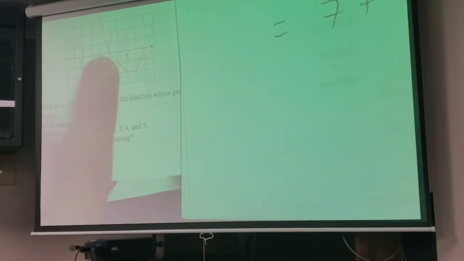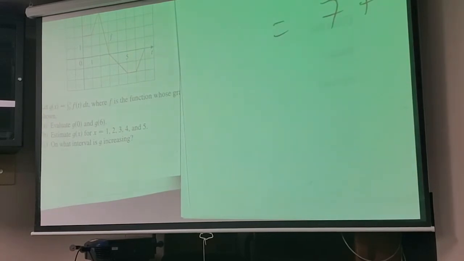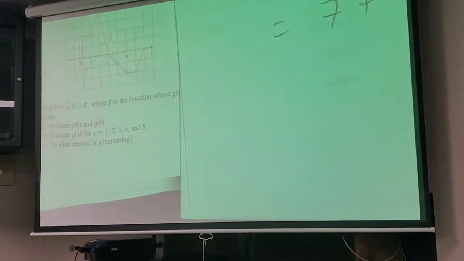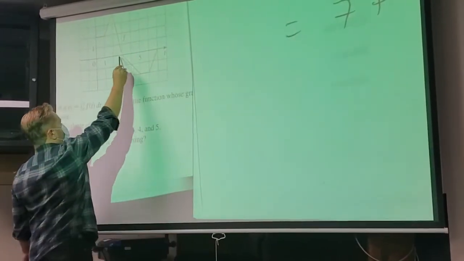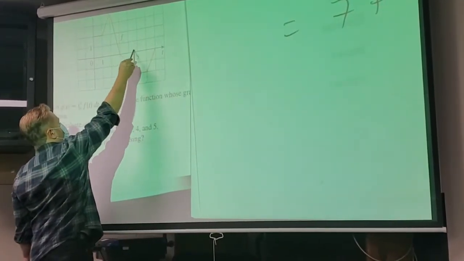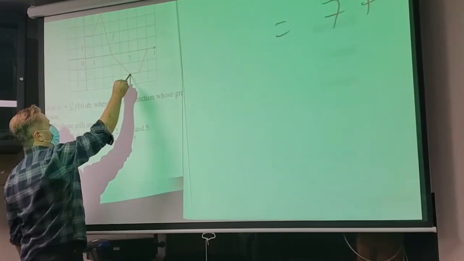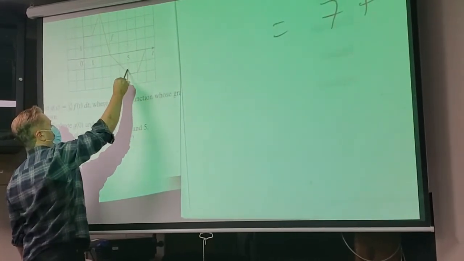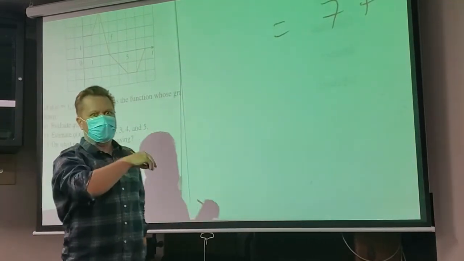So from 3 to 6, there's a couple of shapes, correct? But the nice thing is it's just purely the area. So here I've got a triangle that's 2 by 2. So what would that area be? Negative 2. Good, negative 2.